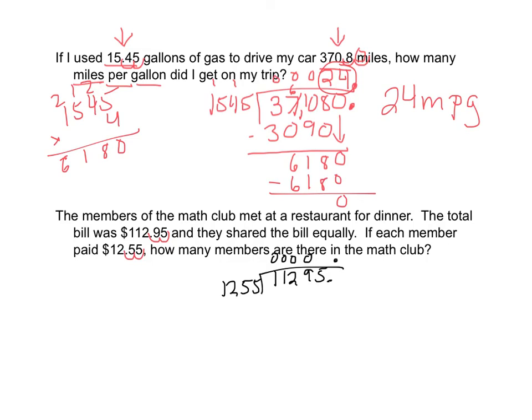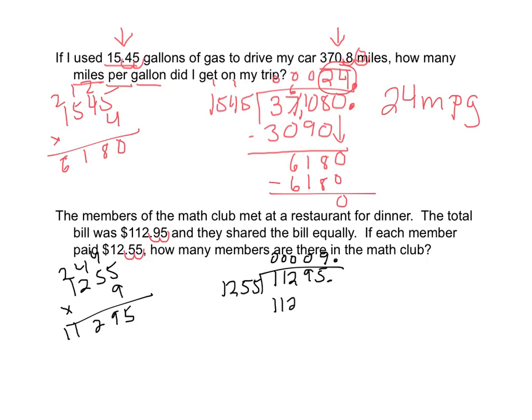So 12 can go into 11 a little bit less than 1 time. So I'm going to say 9 times. Just using some estimation here. Let's see, 9 times 5 is 45. 45 plus 4 would be 49. 9 times 2 is 18. Plus 4 would be 22. 9.